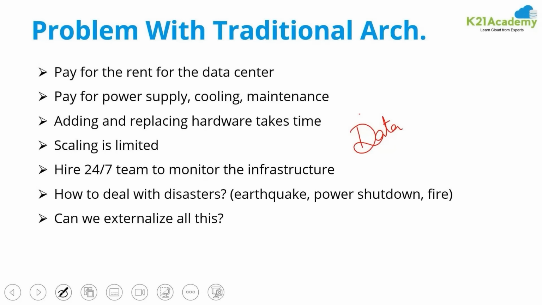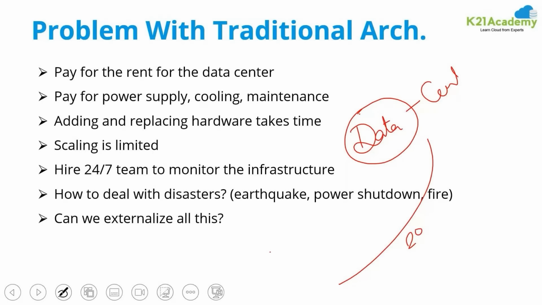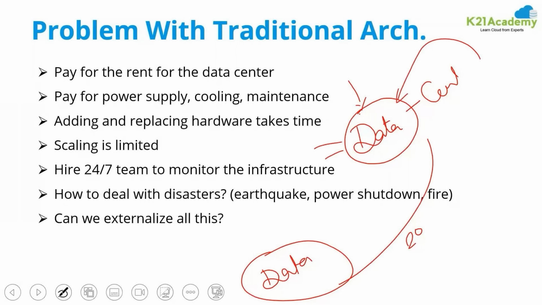So in those situations, what companies used to do is, there is one data center created, and maybe 20-25 kilometers away, one more data center will be created. So if there is a fire over here, earthquake, tsunami, or power shutdown over here, in whatever situation, you have another data center from where your services are up and running.